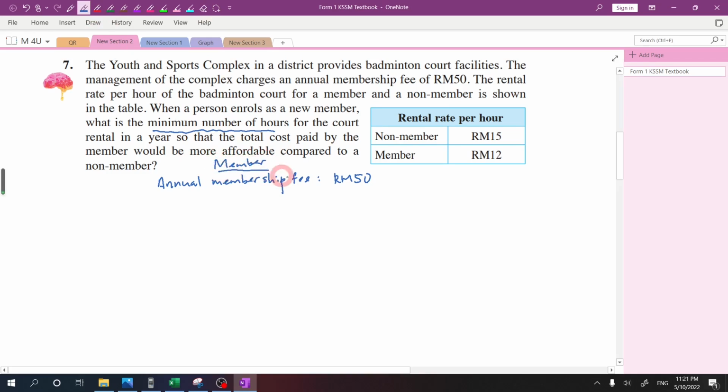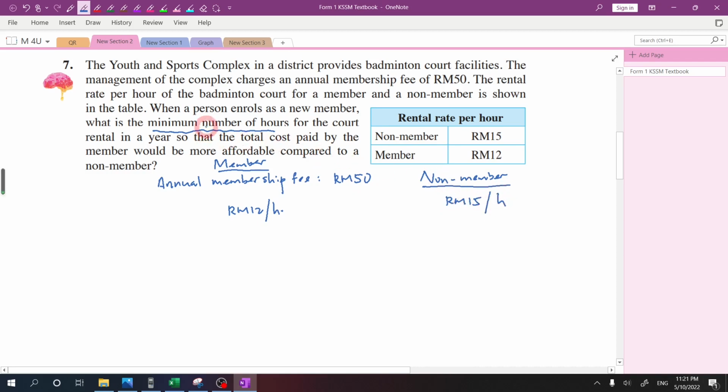So for member, first you need to pay 15 ringgit to become a member, and then 1 hour is 12 ringgit. For non-member, you don't have to pay the 15 ringgit for the membership, but since you are not a member, when you rent the court, 1 hour you need to pay 15 ringgit.